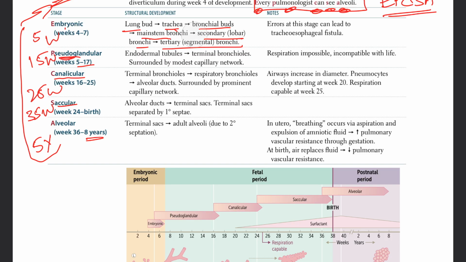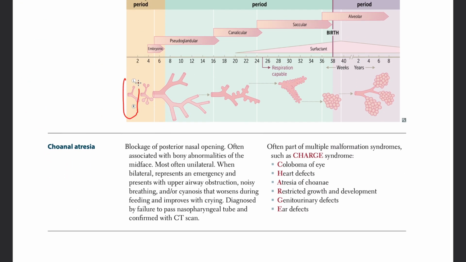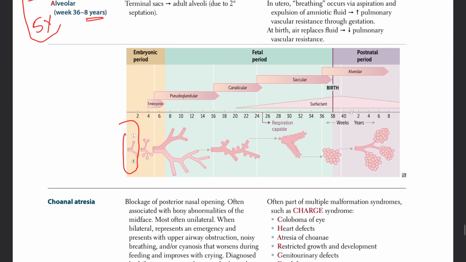So by week 5, you already have tertiary segmental bronchi. This is important. From the lung bud, which was barely anything, you already went into your terminal bronchi. This is all embryonic.